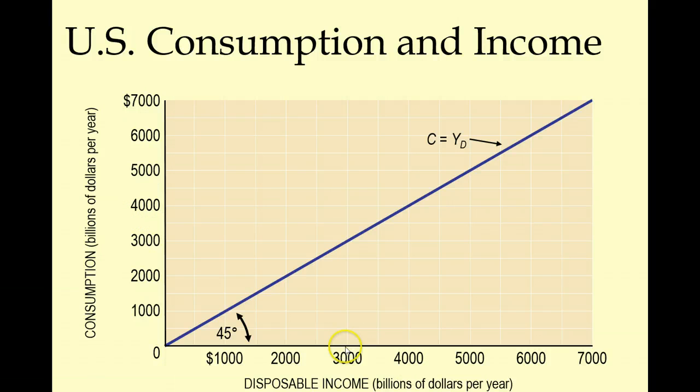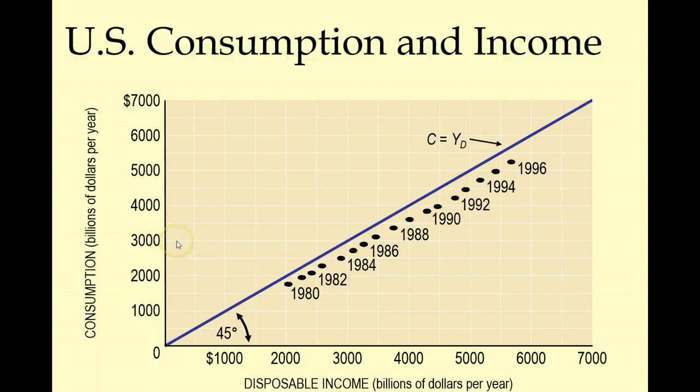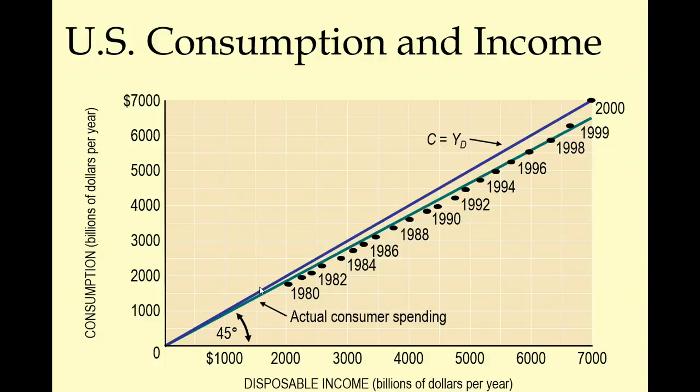So for example, if you're earning $3,000 and you spend all of your money, you're going to be on this point of the curve right here. And that means you spend $3,000. So whenever you have an actual data point on this line, basically you are spending all of your income.